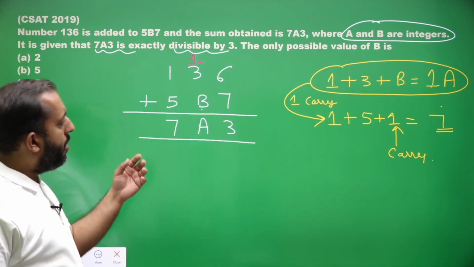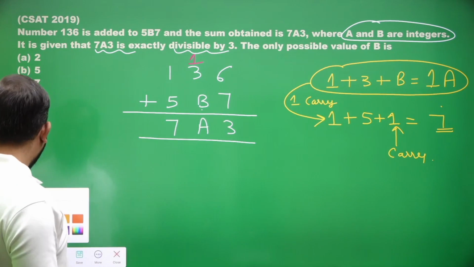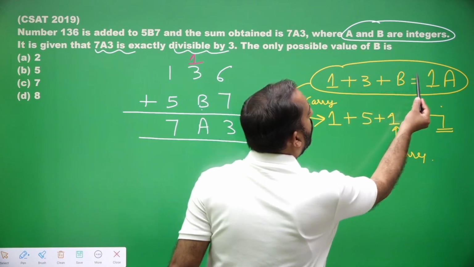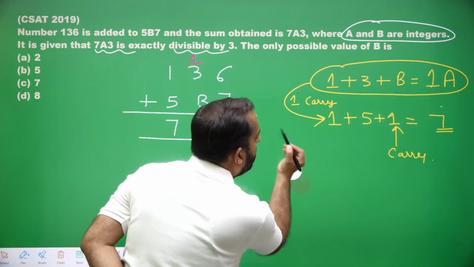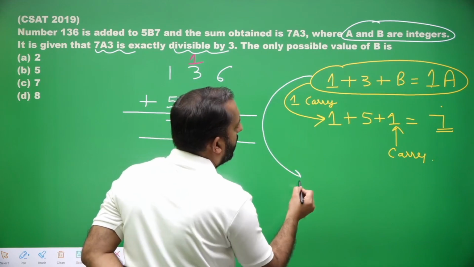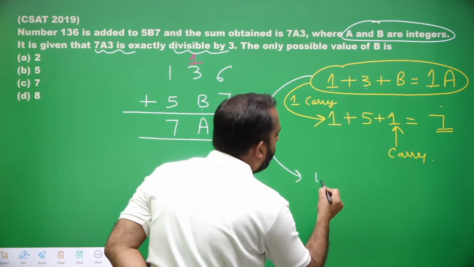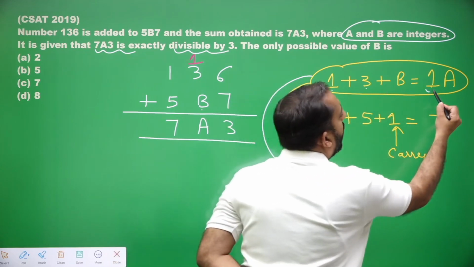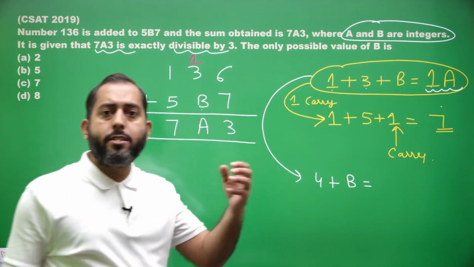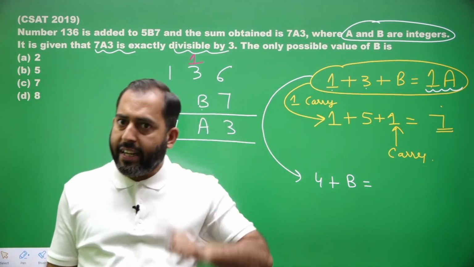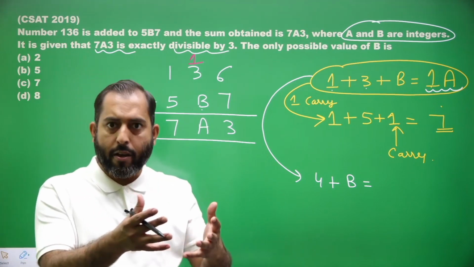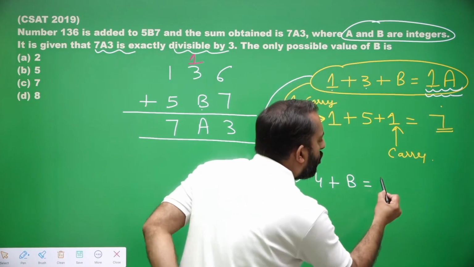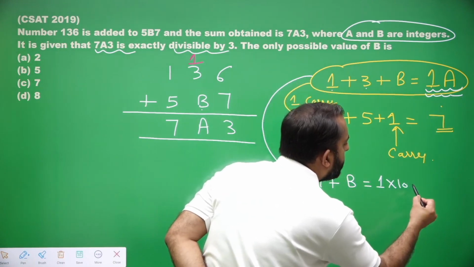Now, 1 plus 3 plus b equal to 1a. So from this equation, 1 plus 3 is 4, 4 plus b is equal to 1a. Now 1a is a 2-digit number where 1 is the tens place and a is the units place. Let's expand it: 1 into 10 plus a.